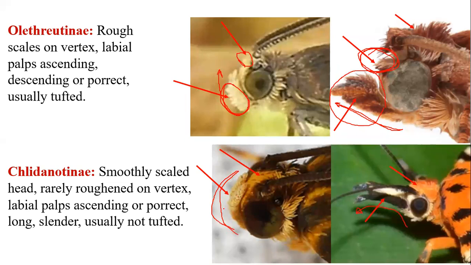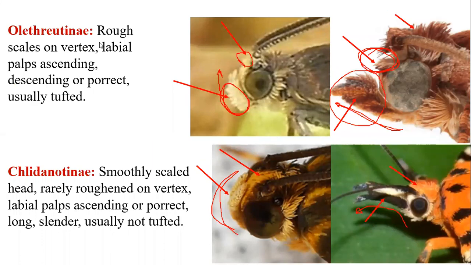And that is, their labial palps are usually smooth and not tufted as in Olethreutinae. You are seeing here that the labial palps are not tufted as in Olethreutinae. And in the second case, you are seeing that their labial palps are porrect but smooth, not tufted as in Olethreutinae. So this is how to get an idea of how to separate subfamily Olethreutinae from subfamily Chlidanotinae.